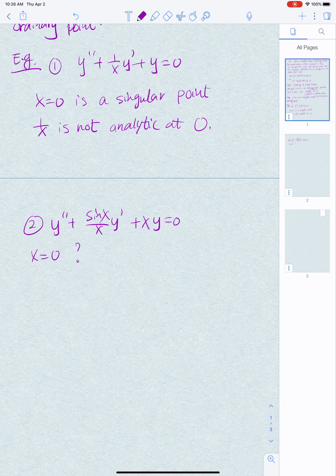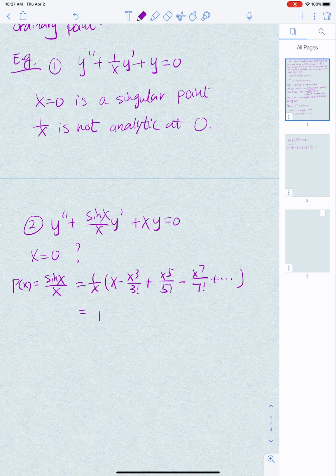So we're going to look at p(x) first, where p(x) is sine x over x. And let's see if we can write it as a power series. So first, we can write out sine x in terms of its power series expansion. And then we can distribute 1 over x inside.